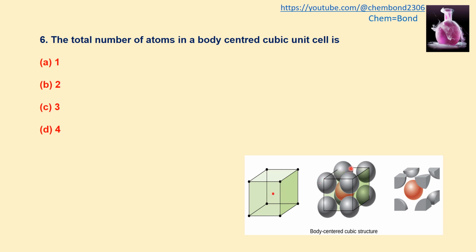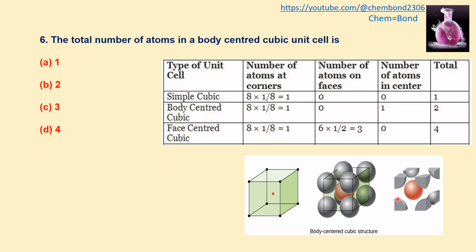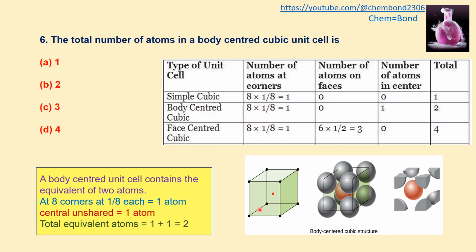These 8 corners are shared by further 8 cubes, which means that only 1/8 portion of each corner atom belongs to the cell, and here is the full atom that is present in the center, while these 8 corner atoms will be divided by 8. So we will solve it.